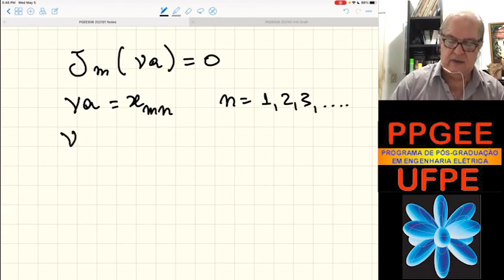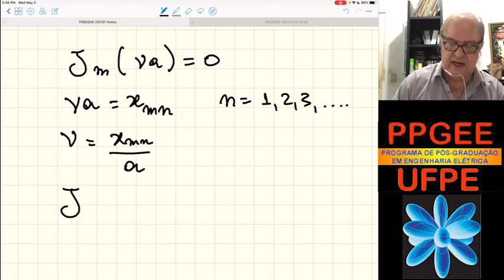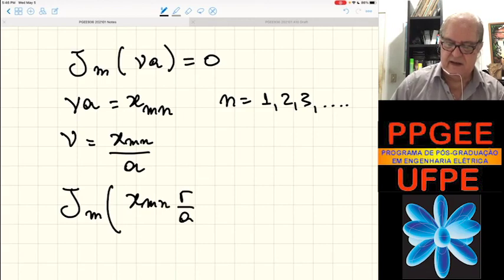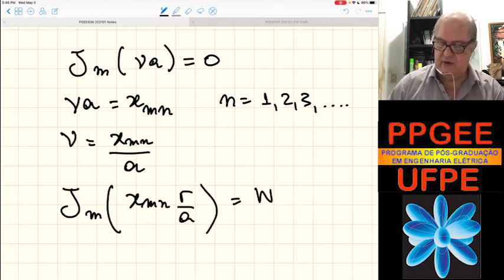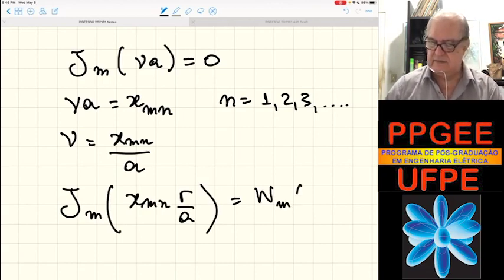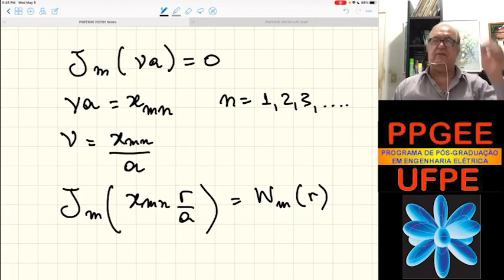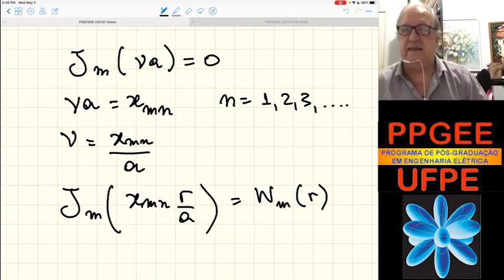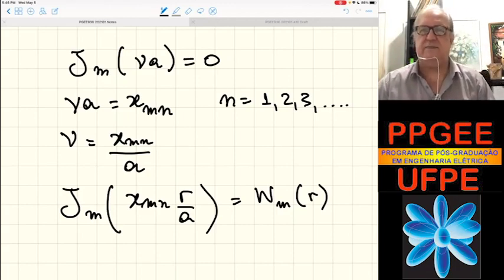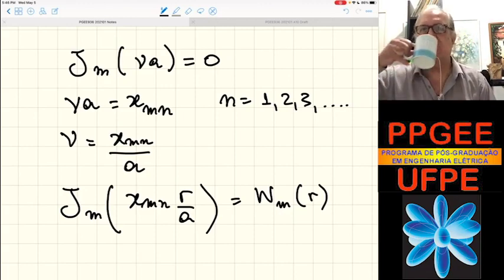So nu is x_mn over a. The functions are Jm of x_mn r over a, which are the Wm of r, the functions we spoke about earlier, which are orthogonal in r between 0 and a.